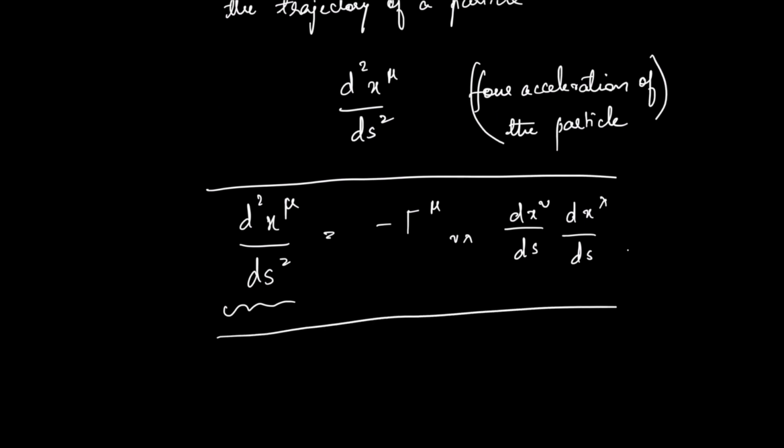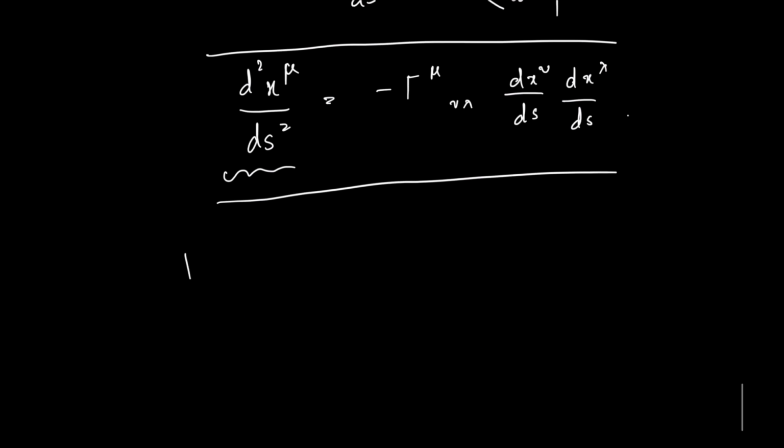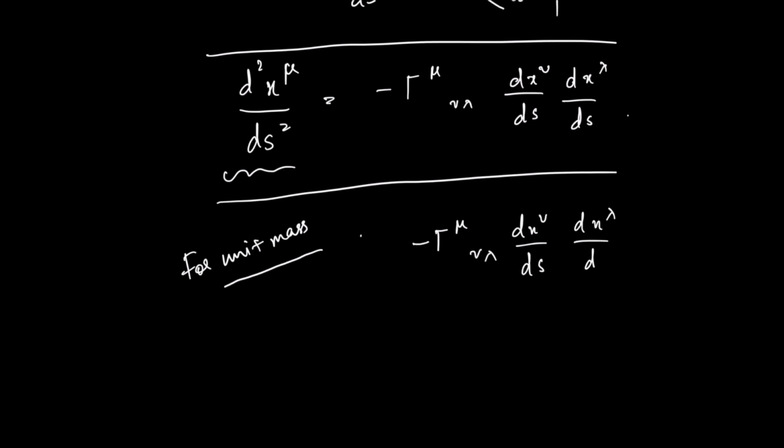Suppose you are considering a test particle, then the test particle will have a unit mass. So for unit mass, this quantity, minus Christoffel symbol mu nu lambda dx nu by ds dx lambda by ds, can be called the force acting on the particle in the gravitational field, because this is acceleration.